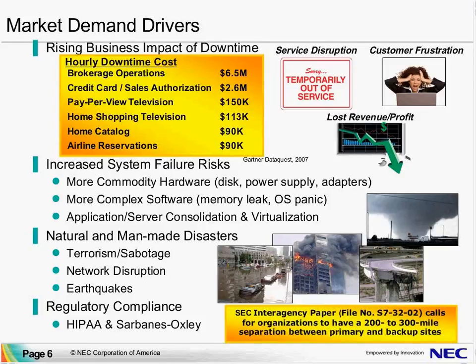And lastly, regulatory compliance. This has been especially important in the North American market, in the U.S. market, where government regulations like HIPAA for healthcare and Sarbanes-Oxley for financial services are requiring a clear and quick way to recover access to important information that is resilient against disasters that can cause the entire location to become unavailable.